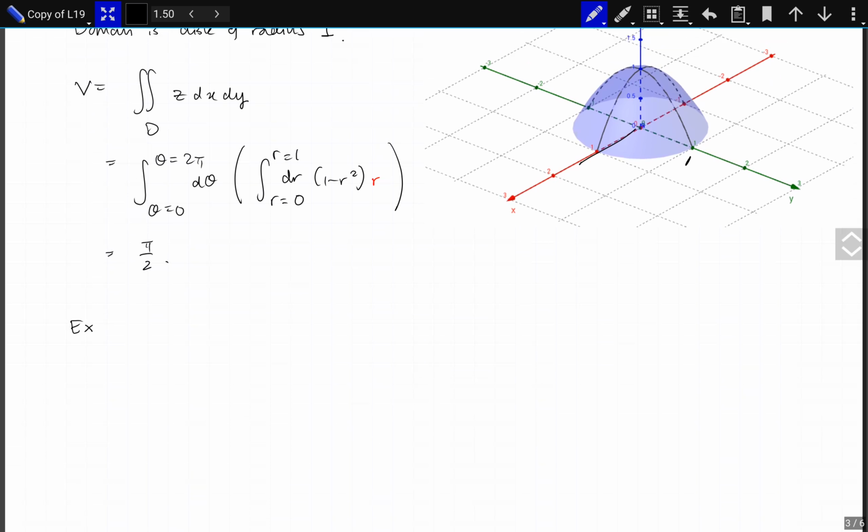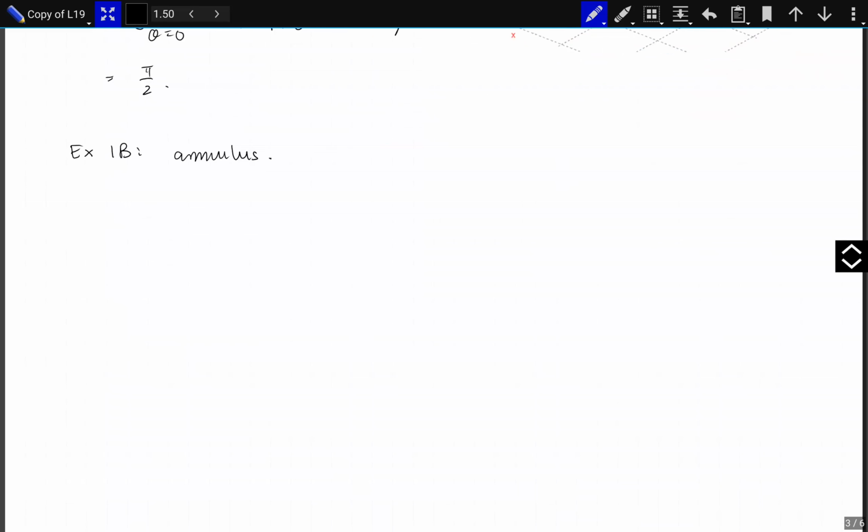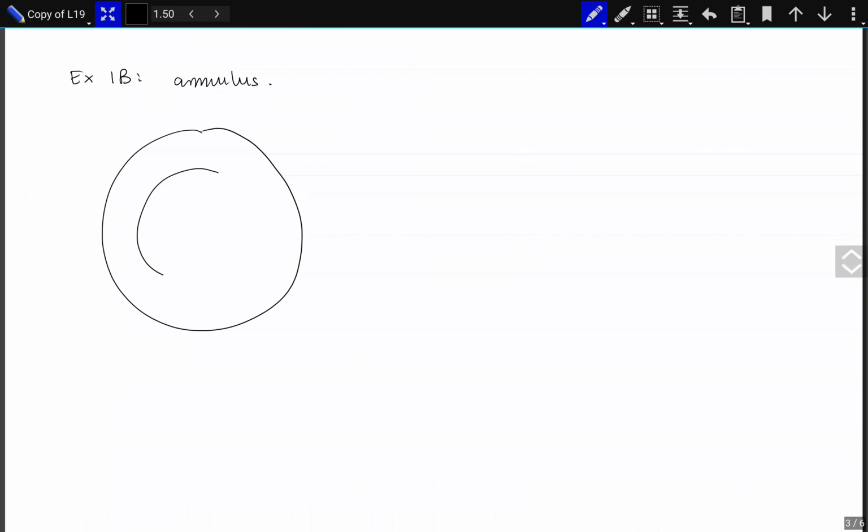So for example 1b, annulus. This is as far as we got in lectures. We're going to integrate on the annulus between a and b. You should note that in these cases, the change of variables doesn't really change the shape of the domain. We're just relabeling our coordinates.